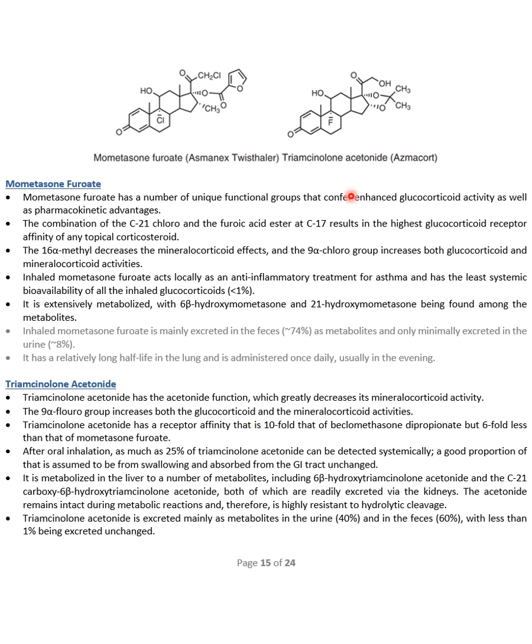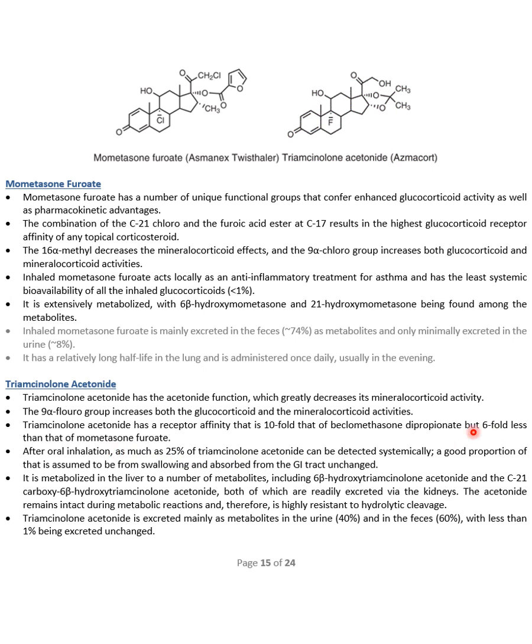The acetonide function here would decrease the mineralocorticoid activity, and of course we have a double bond, like we mentioned earlier, that would flatten the ring. Because of that, triamcinolone acetonide has 10 times more receptor affinity than beclomethasone and 6 times less than that of mometasone.